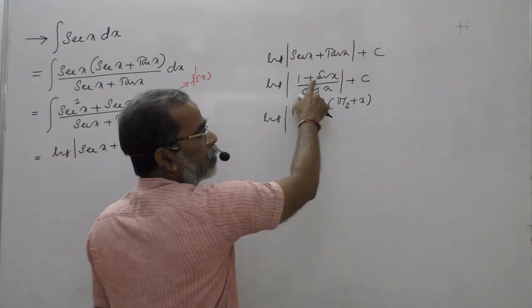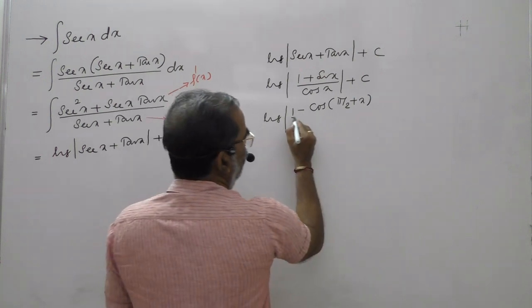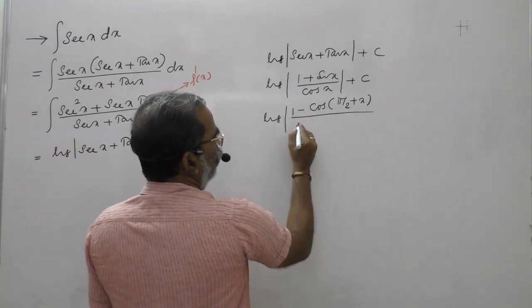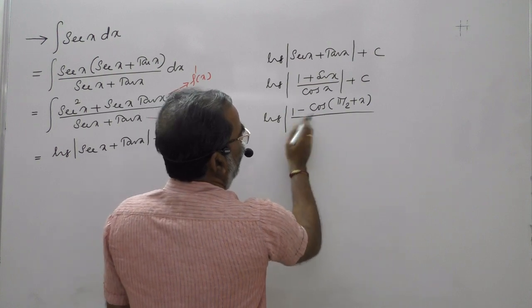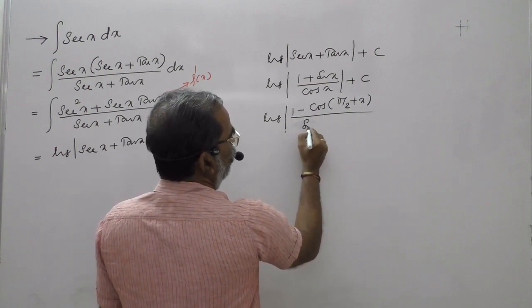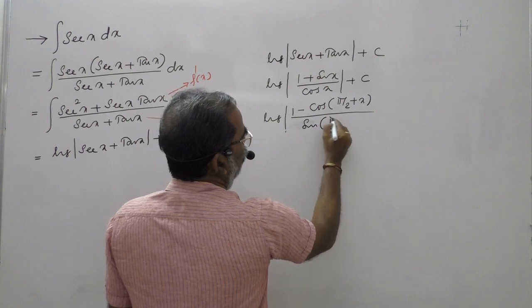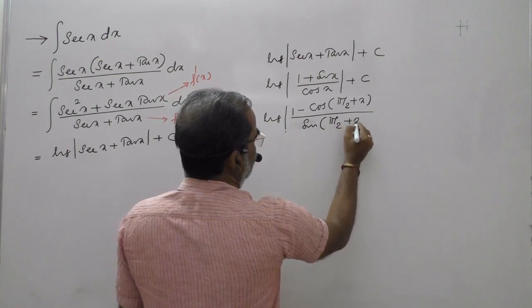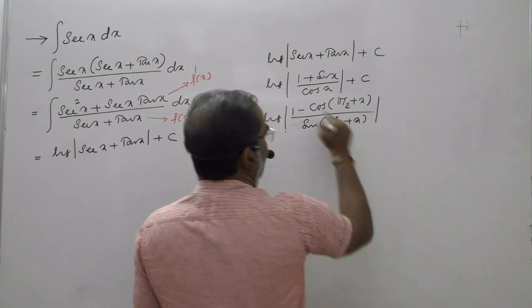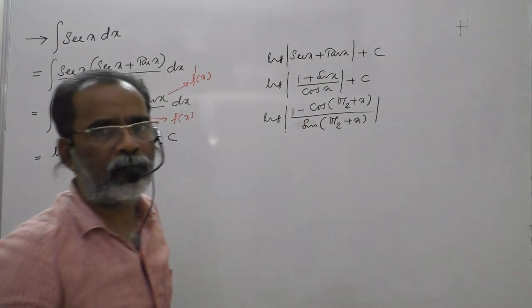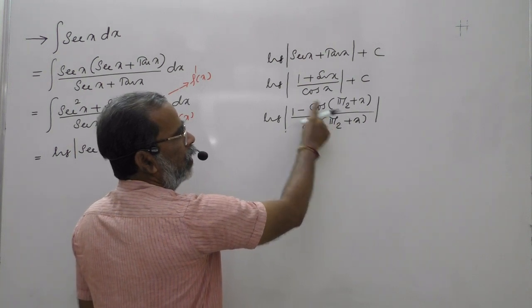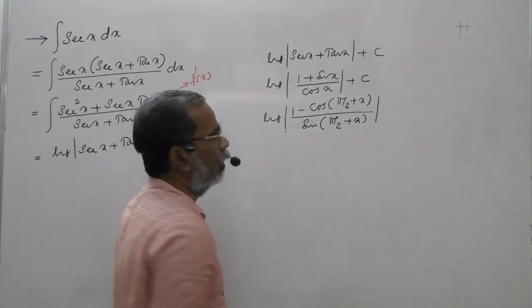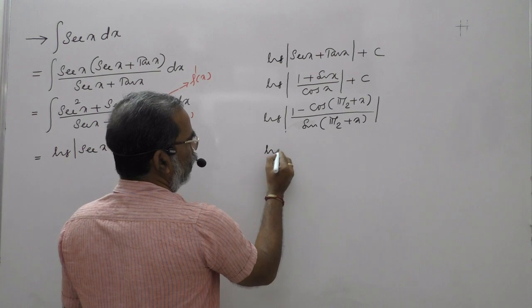But here plus is there, no? So I have added minus. And what about the denominator? The denominator is cos, no? I can write it as sin of pi by 2 plus x. Why am I doing this? I will tell you lastly. Okay. Sin of 90 plus theta is plus cos theta only. Yes.